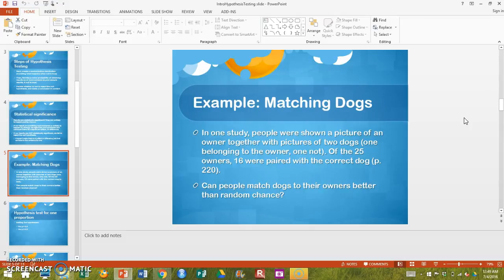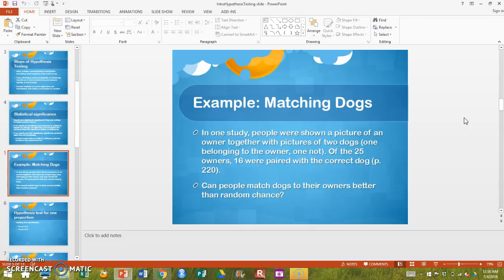What's the idea? Well, the way I like to think about it is this. We obtained a sample result of 16 out of 25. That proportion is greater than 50%. I will make it my suspicion that there is something that people can do to predict dogs going with owners, that people can predict it better than random chance. That's what I want to find some evidence for here.